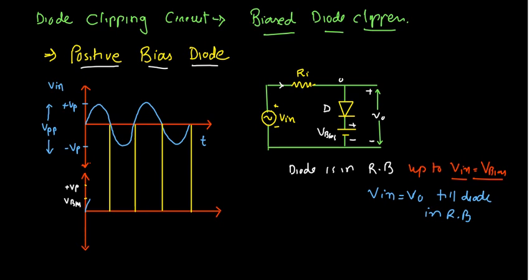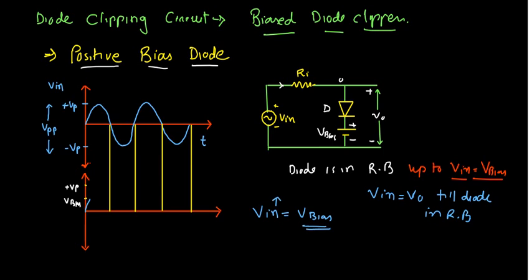But at one point, V input equals V bias. Okay, so this V input is trying to go above V bias. Now see what will happen.